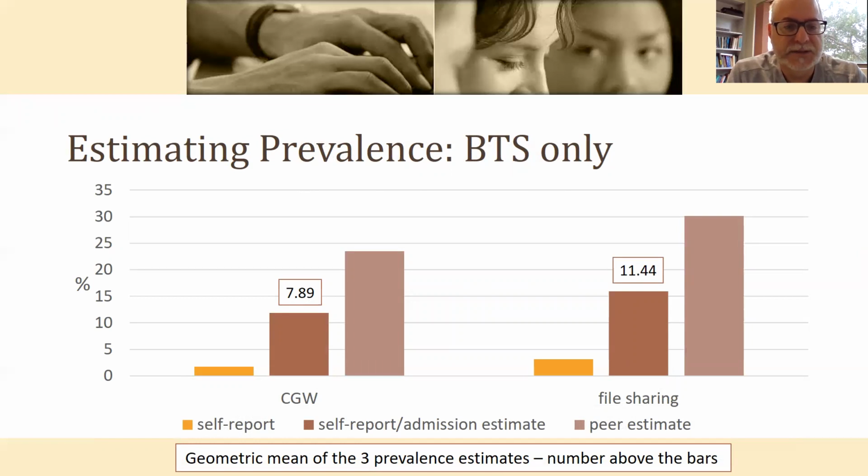And then taking those 3 estimates, we calculate the geometric mean, which allows more for outliers than the arithmetic mean by being the mean of products.